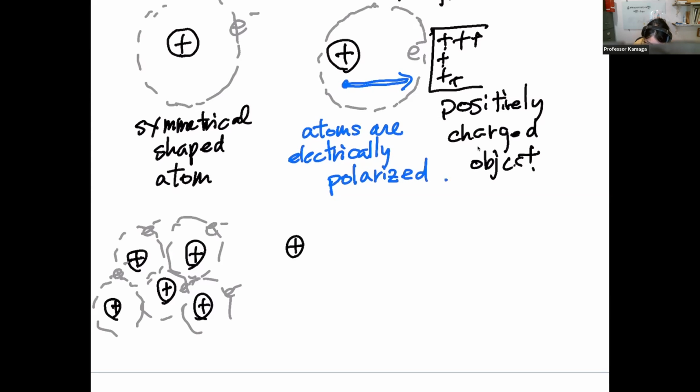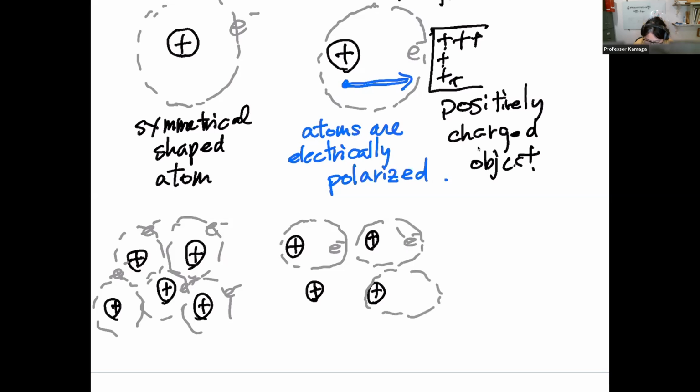So we have positive, positive, positive, positive. And then we still have electrons bound to the atoms or molecules, but all these electrons are on one side, biased by the external force.